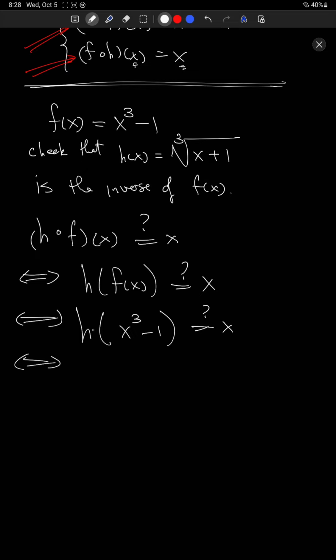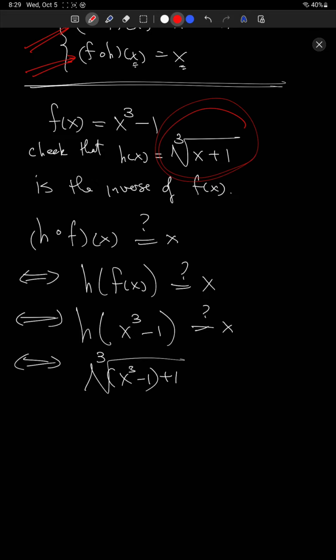And h is the function that whatever you put in, I add 1 to it, and then I cube root it. So x cubed minus 1 plus 1, like that, because there are my instructions for h. Whatever I put in, I add 1, and then I cube root the entire thing. So here I'm putting in x cubed minus 1, so I need to add 1 to x cubed minus 1, and then cube root the entire thing. So the question is, is this equal to x?